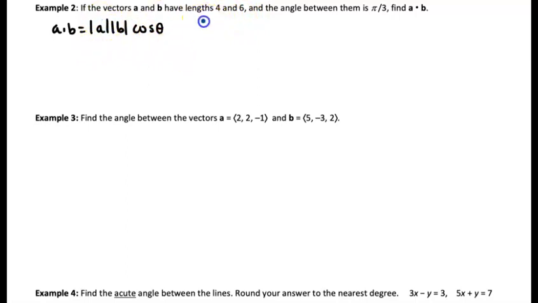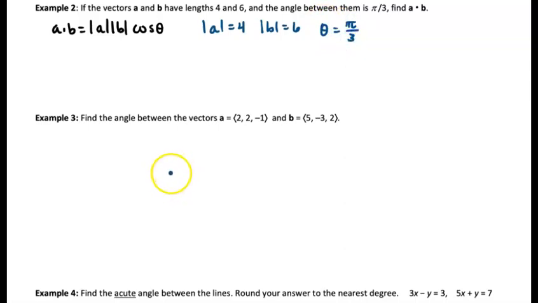So I know that the magnitude of A is 4. The magnitude of B is 6. And it doesn't matter which of these vectors A and B we call the one with a length of 4 and the one with a length of 6, because we remember that the dot product of A and B is the same as the dot product of B and A. All right, and the angle between them, our theta, is pi over 3.